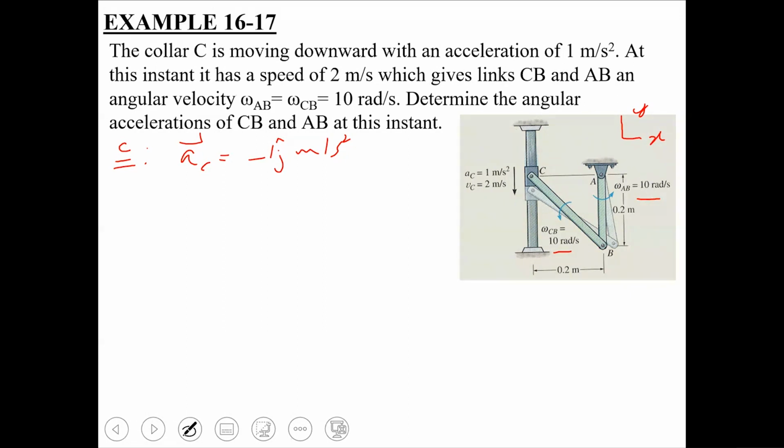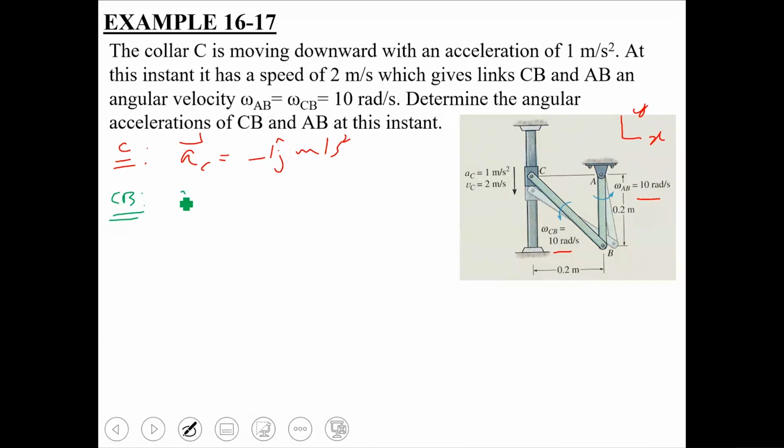Okay, then we are going to move towards link CB, which is in general plane motion. So considering the next link, which is link CB, what should be the base point for the relative acceleration equation?